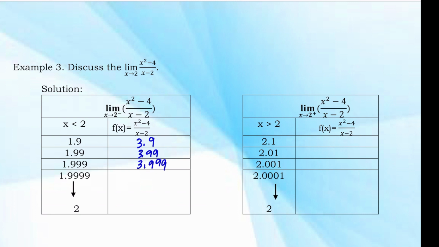And if we use 1.9999, that will become 3.9999. So as x approaches 2 from the left, the function approaches positive 4.